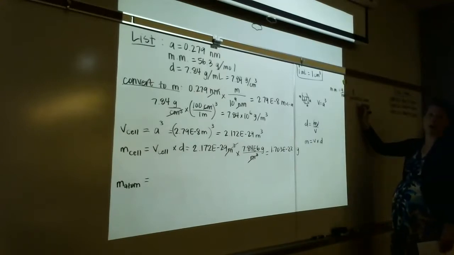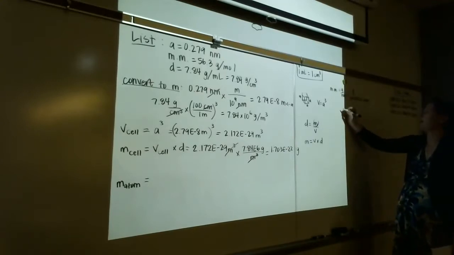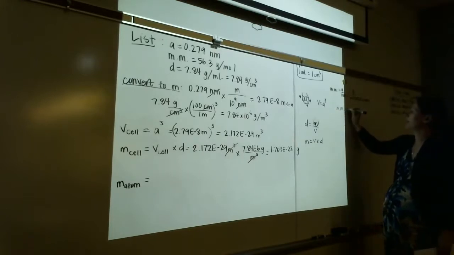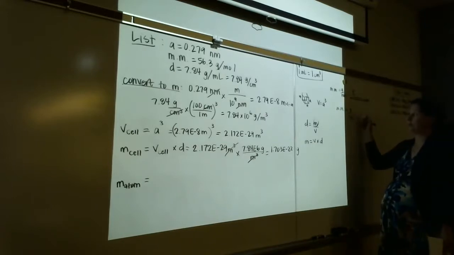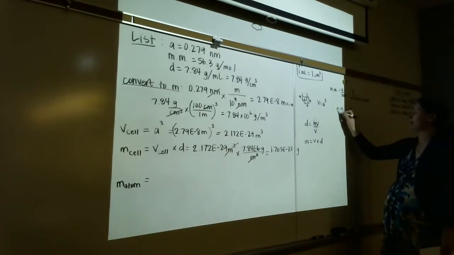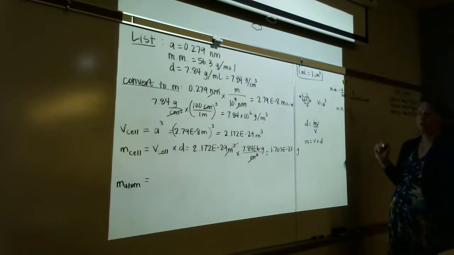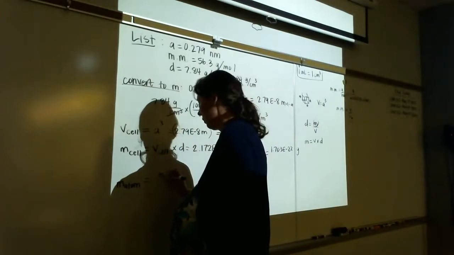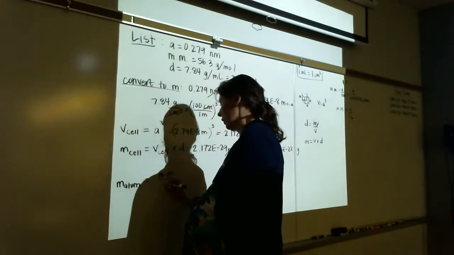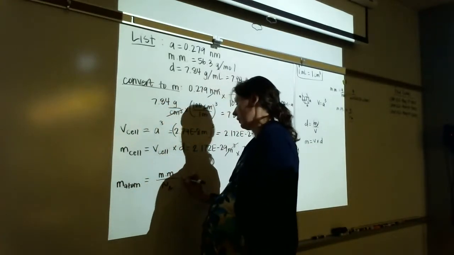And 1 mole is Avogadro's number. So if molar mass is equal to grams over Avogadro's number, then I can rearrange that because I know molar mass and I know Avogadro's number, right? So mass of an atom is molar mass over Avogadro's number.